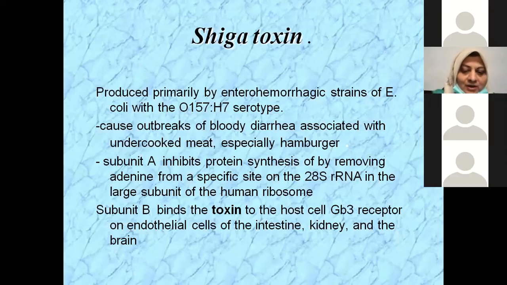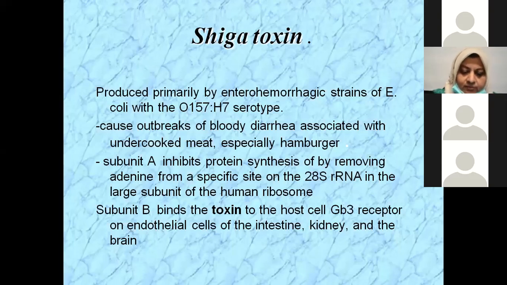In stools, blood is also present because it causes hemorrhages in the intestinal cells. Again, it has two units. The subunit A, which is released inside the cell after the B subunit binds, inhibits protein synthesis, and it removes adenine from a specific site on the ribosome.